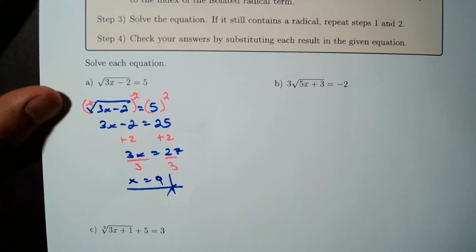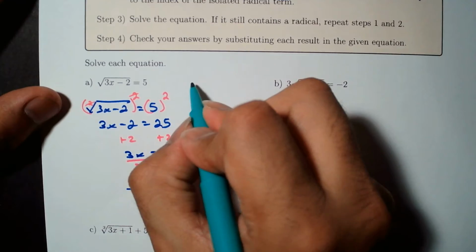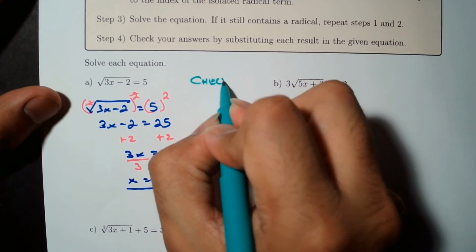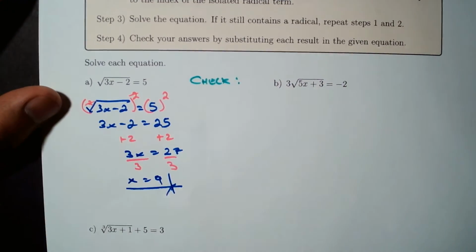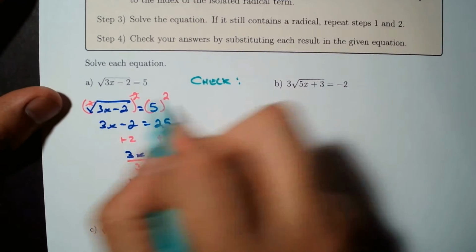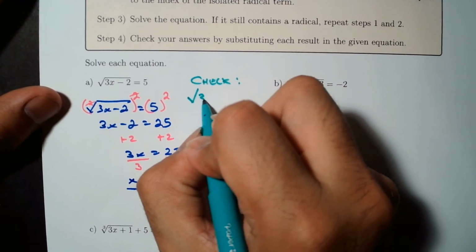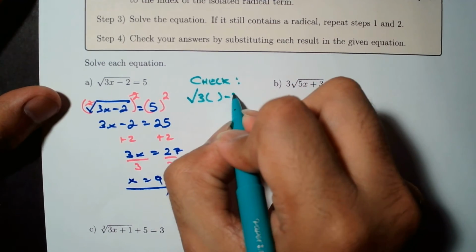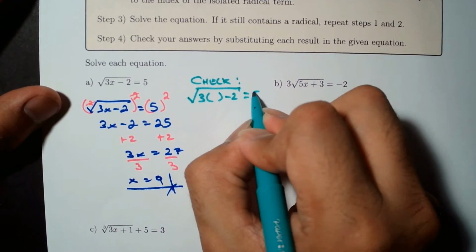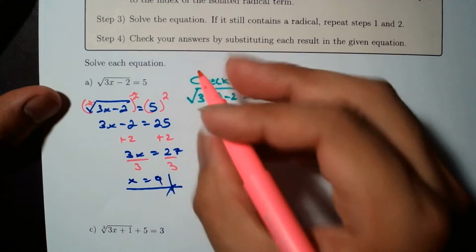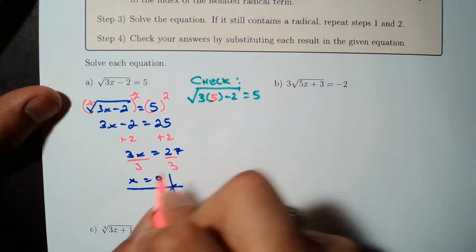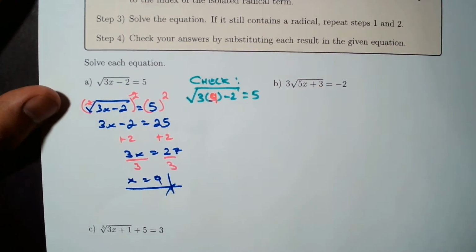So let's check. To check, go back to the original equation, the one that has the radical: the square root of 3 times x minus 2 equals 5. In this case, in parentheses, we put 9.